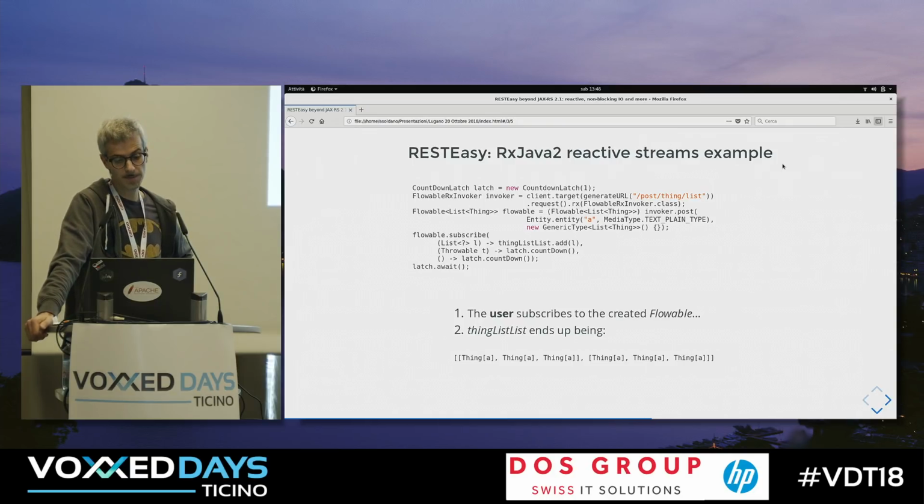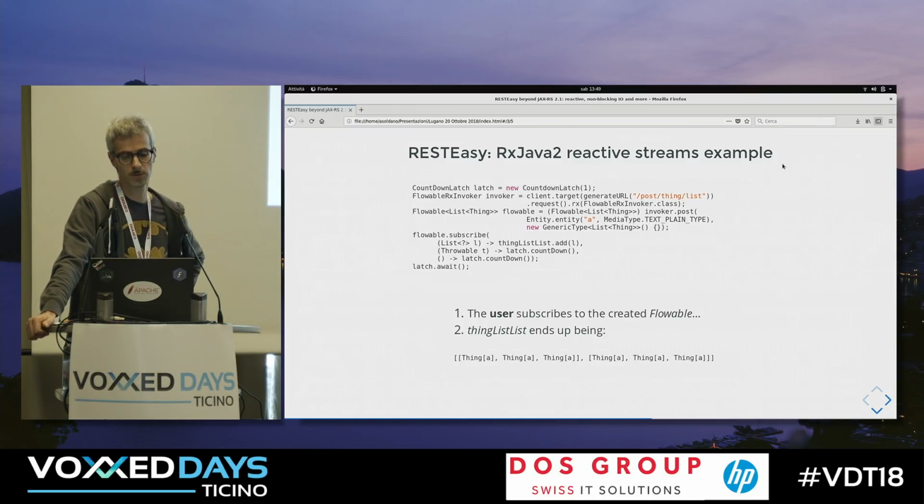On client side, again, we have support for the Flowable, and you can see that you just have to use the Flowable Rx invoker that we mentioned before as a parameter to the Rx method on the invocation builder. And then you get back the Flowable of list of strings, and clearly you can use the API of Flowable from RxJava2.